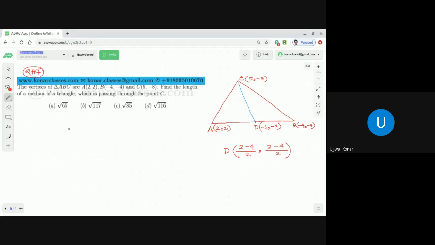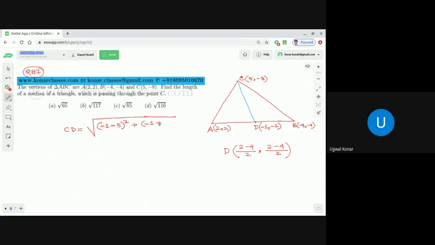How can we find the value of CD? That is quite simple, because we know the coordinates of both the points C and D. So CD is the square root of x coordinate of D, that is -1, minus x coordinate of C, that is 5, whole square, plus y coordinate of D, that is -1, minus y coordinate of C, that is -8.